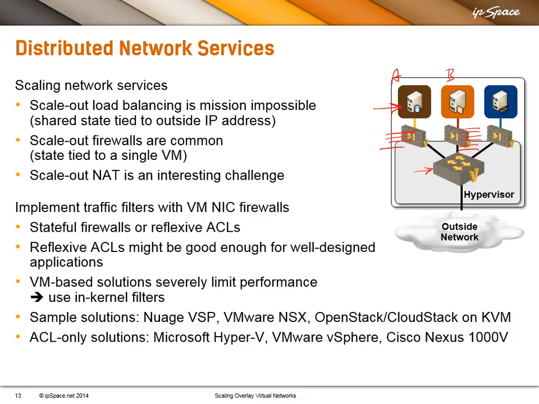So if we assume that a hypervisor has something like 50 VMs, and these 50 VMs belong to 50 different networks, and there are 100 VMs, let's say, in each one of these networks, you end up with a state that is about 5,000 entries. And this is by no means an issue in maintaining that type of state. Again, the hypervisors don't need to keep state for all VMs in the system, but the state is filtered down to what they need to keep for the VMs that they are serving.